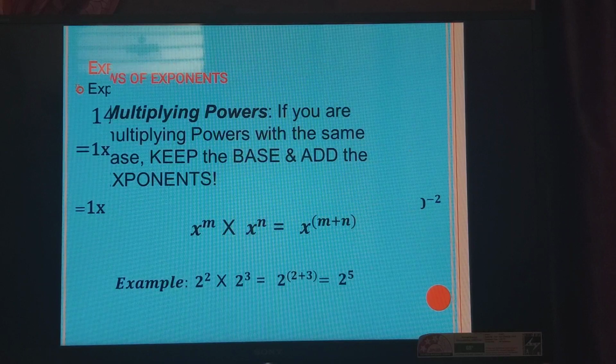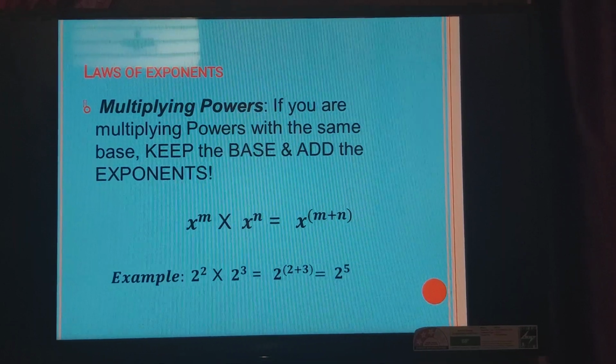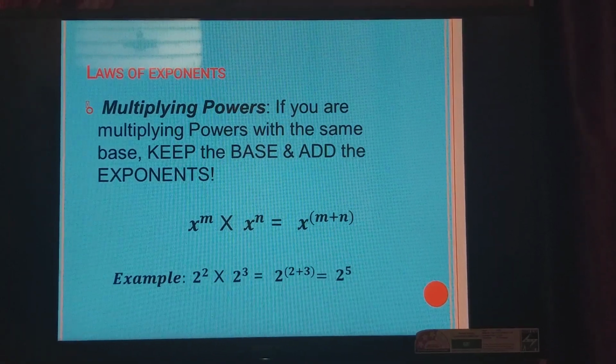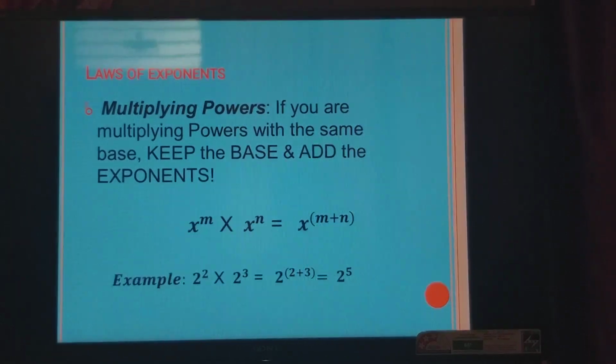Now again the laws of exponent, multiplying powers. It is very useful when we multiply powers with the same base and different exponents. We keep the same base and add the exponents.